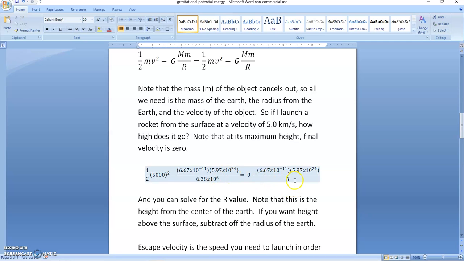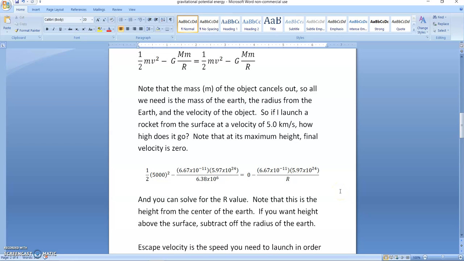You can solve for the new radius. And I didn't do that because I'm lazy, but you guys can all plug into your calculators. That new radius, don't forget, is the radius from the center of the Earth. So if I want to know how high above the surface the object gets, you take this radius you just calculated and subtract off the radius of the Earth, and that will give you the height that the object reaches.